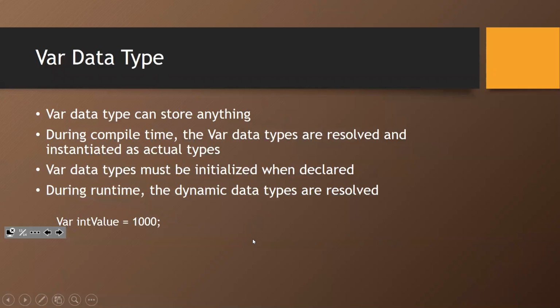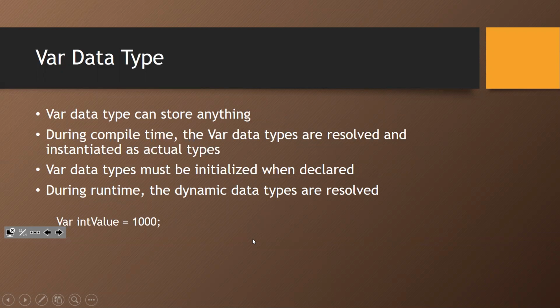Now we also have a var data type, and the var data type can also store anything, any data type. So whenever we're working with var data types, those types are resolved at compile time, like the generics. So they would have less of a performance hit than the dynamic data types because they are resolved.